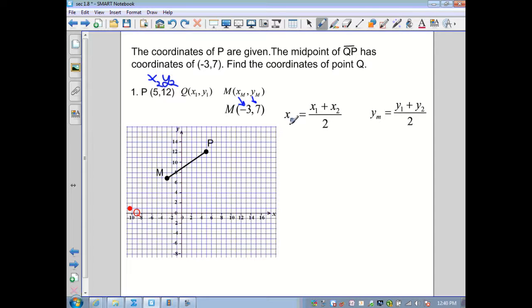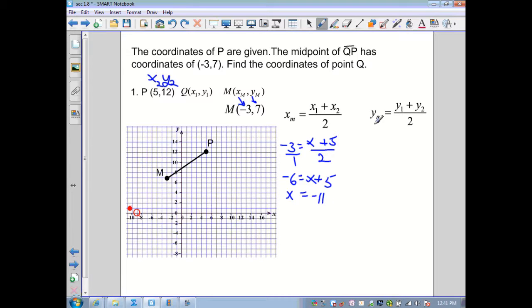So here I have xM, I already know that is negative 3. x1 is unknown, so I let it be x. x2 is known to be 5, all over 2. Then I just generate a proportion and cross multiply. That gives me negative 6 equals x plus 5. And then solving for x, I get x equal to negative 11.